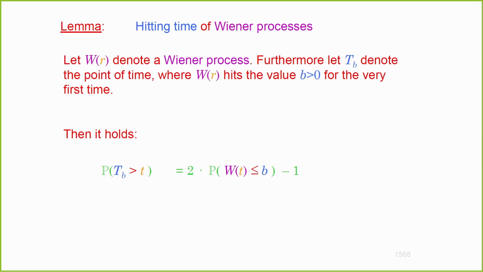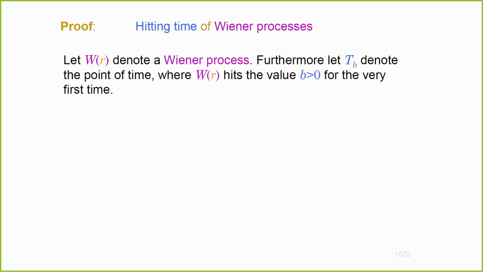Anyway, so you understand what the hitting time is, and this is not intuitive, I have to admit. So this statement is not intuitive. That's why I need to prove it. What you need to notice is the following.